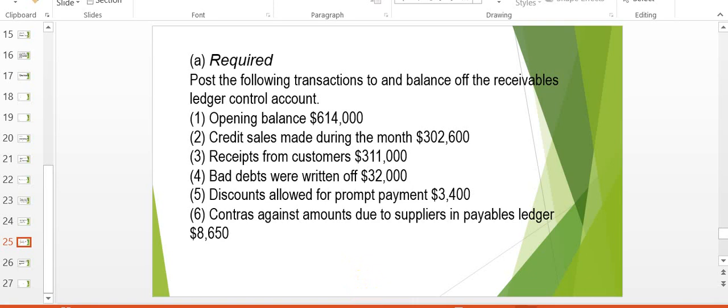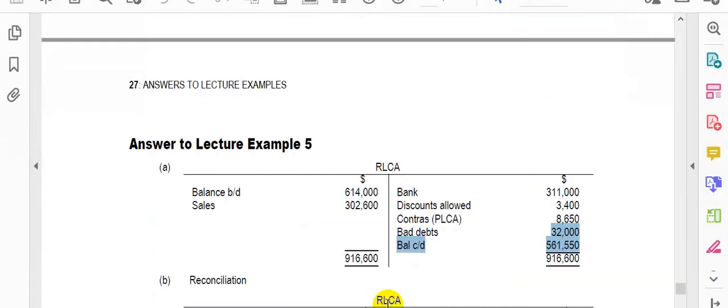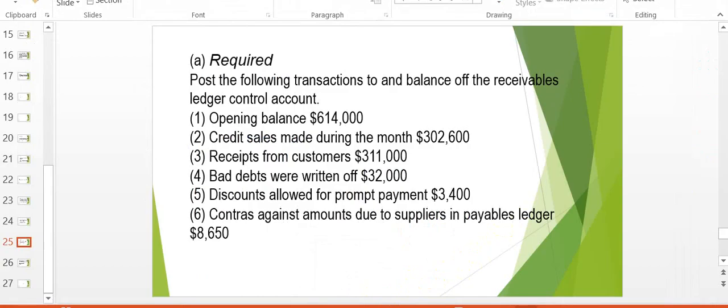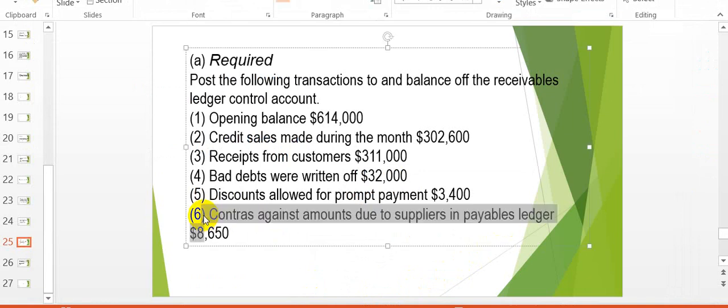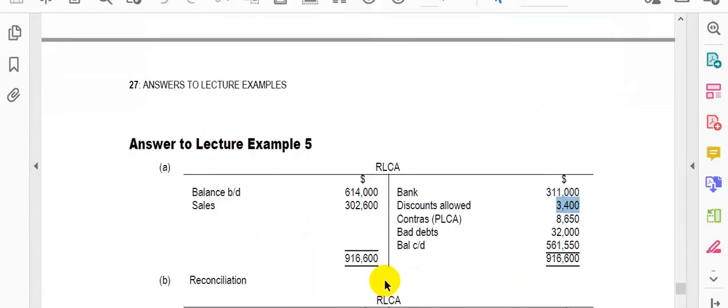So the 3,400 will be credited to the receivable ledger control account. Finally, we have a contra. Earlier we discussed what a contra is. This is an entry which is written off both from the receivables and the payables. So the receivable will be credited with a contra.